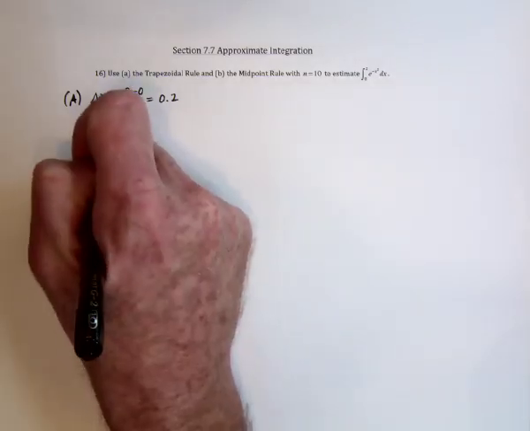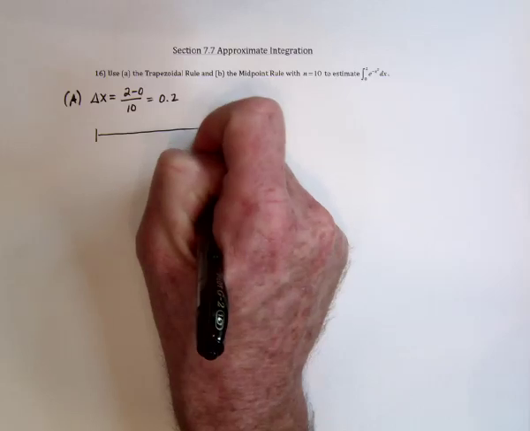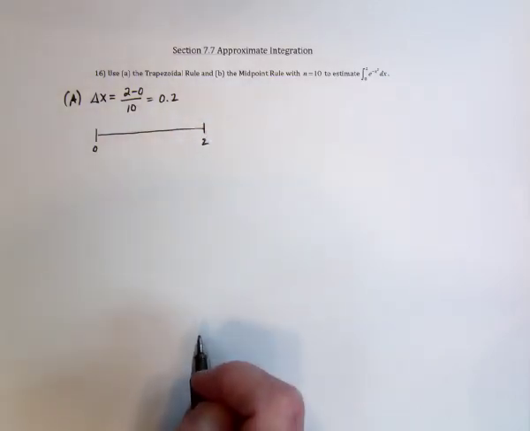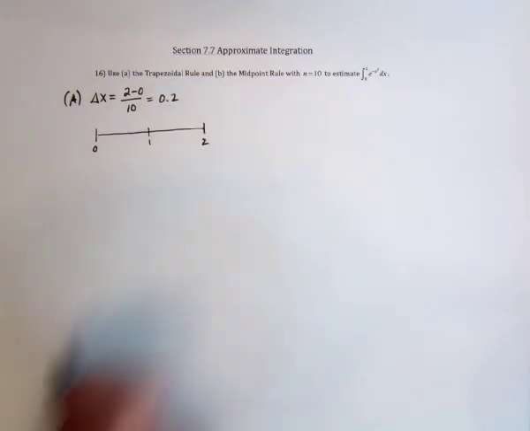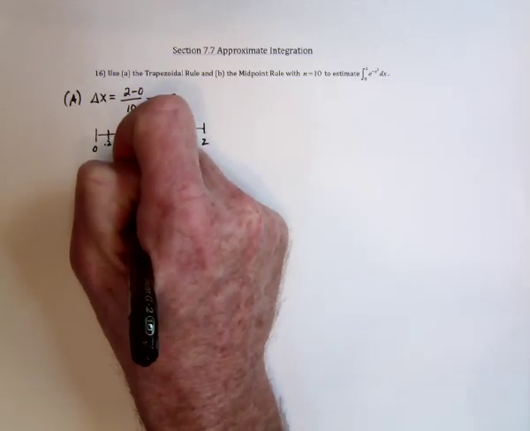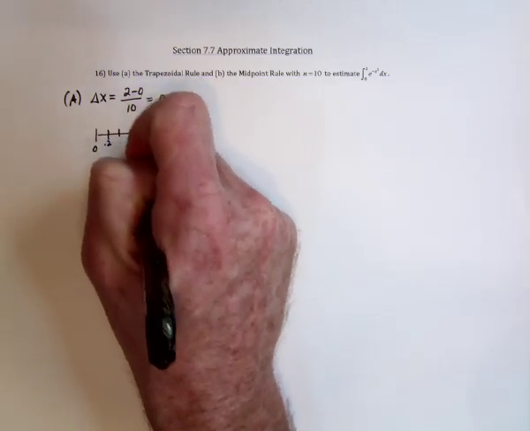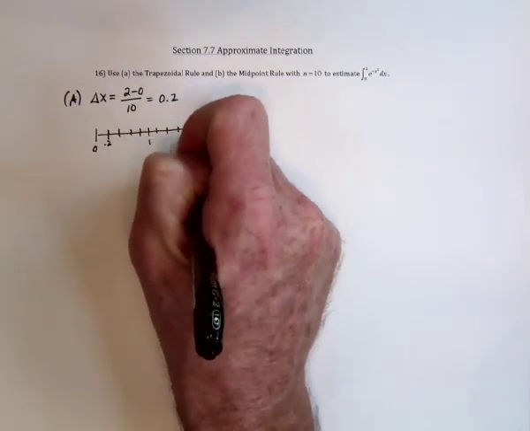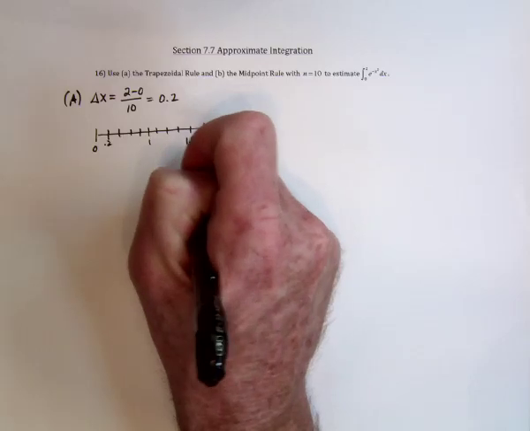Now take a look at the interval as it goes from 0 to 2, and go over by 0.2 every time. So this would be 0.2, 0.4, 0.6, 0.8, 1.0, 1.2, 1.4, 1.6, 1.8, and then 2.